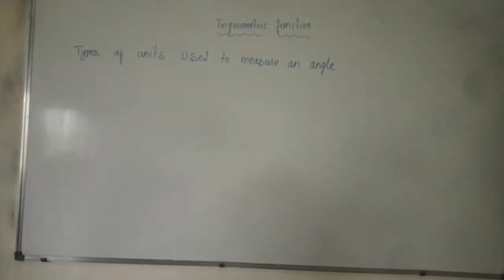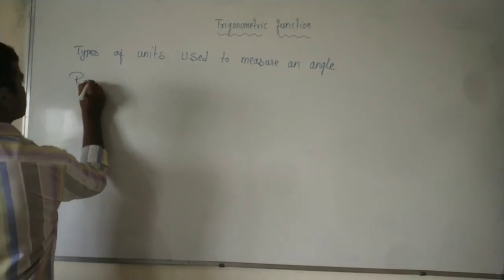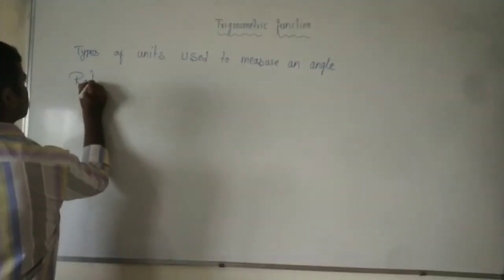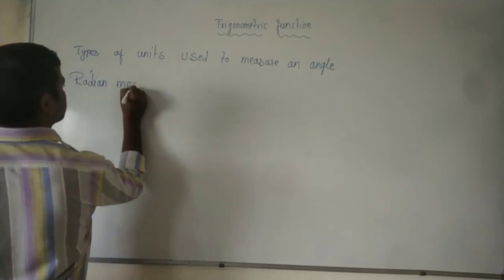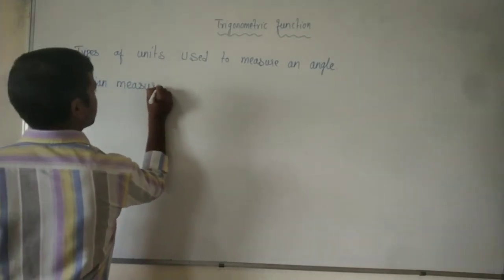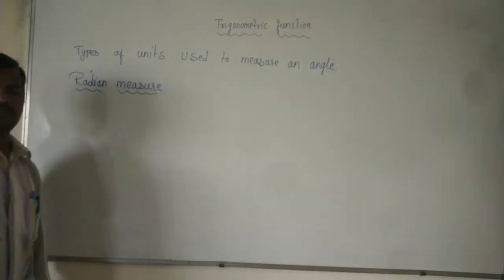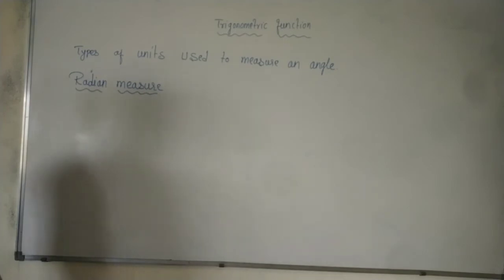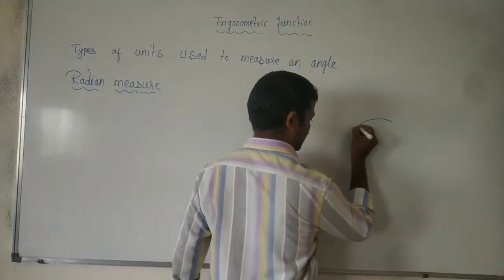So what do we mean by the radian measure? Already we know that radian measure is the angle subtended by an arc whose length is equal to the radius of the circle. Let me consider a circle of radius r.